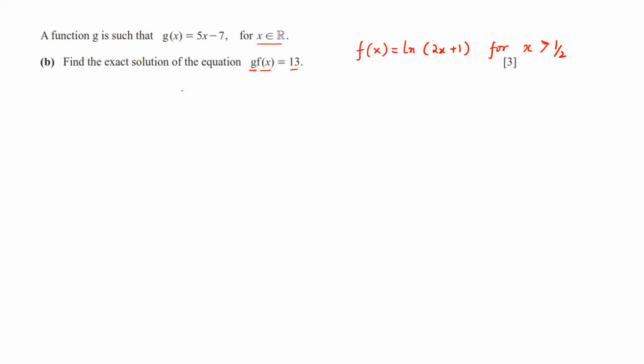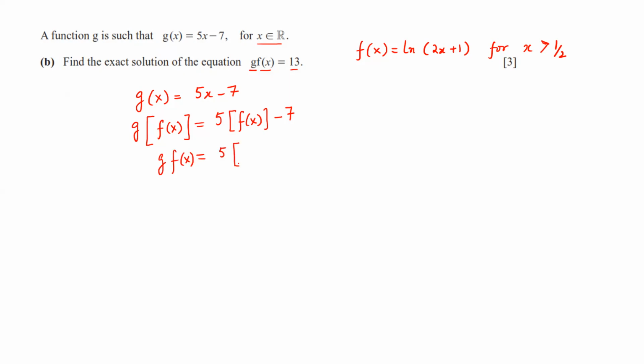So what we're going to do, we have g of x is equal to 5x minus 7. Instead of x, we put f of x. So it becomes 5 of f of x minus 7, and this becomes g of f of x.